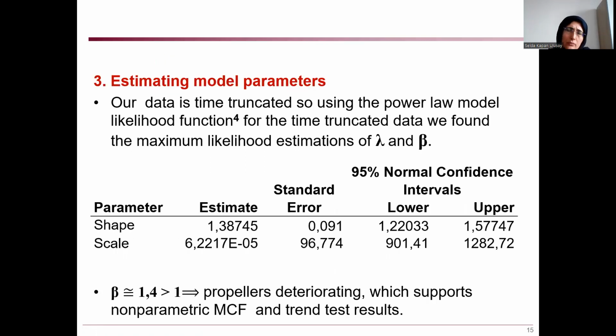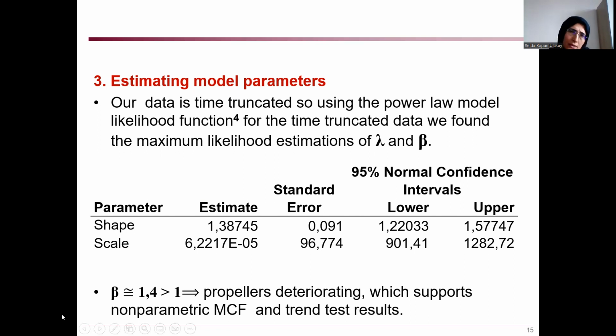So now let's see the model parameters. In the third step, we have to estimate the model parameters. Our data is time truncated. So using the power law model likelihood function for the time truncated data, we found the maximum likelihood estimates of lambda and beta, and they are given in the table here. You see the estimates, the standard errors of the estimates, and the 95% asymptotic confidence intervals.